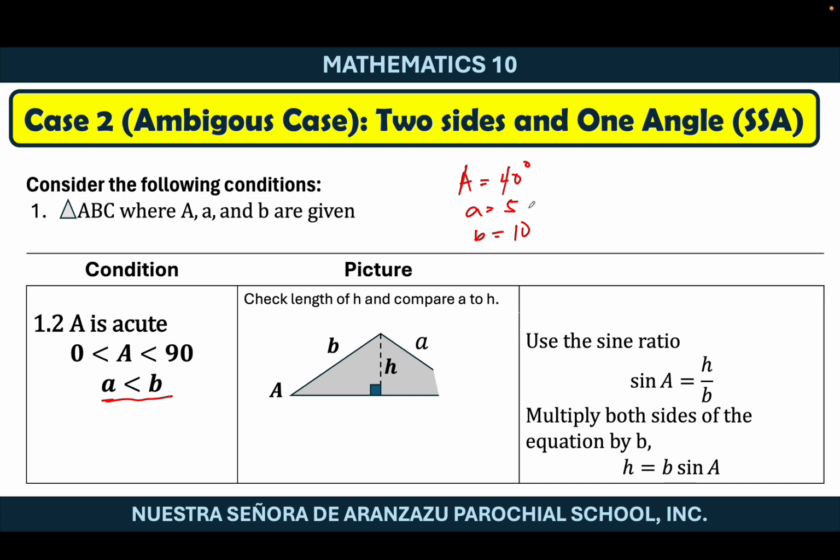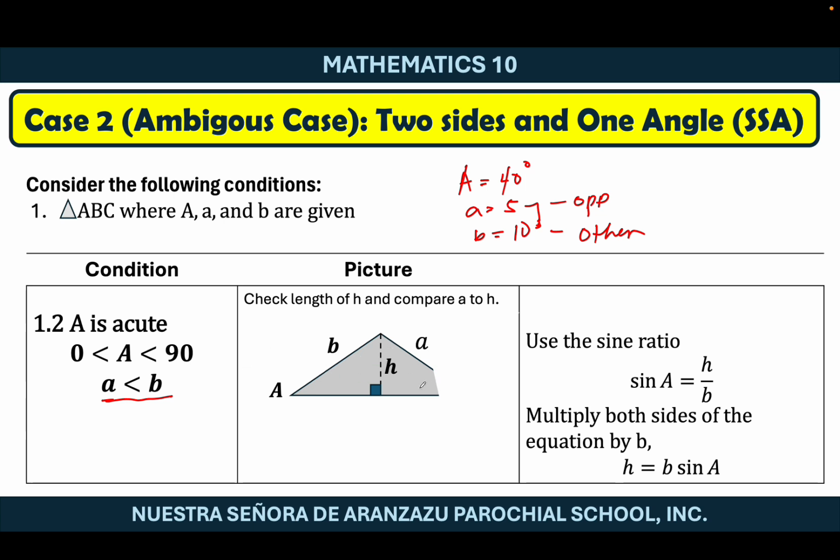So, you're going to compare your a and b. Now, your a is less than your b. Tama ba? Your opposite side is less than the other side. So, therefore, ito yung mga possibilities na pwedeng mag-arrive.